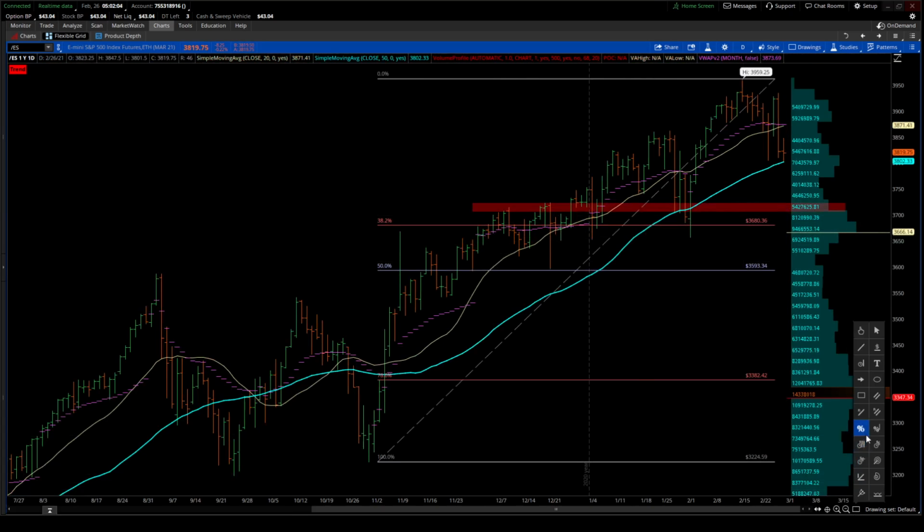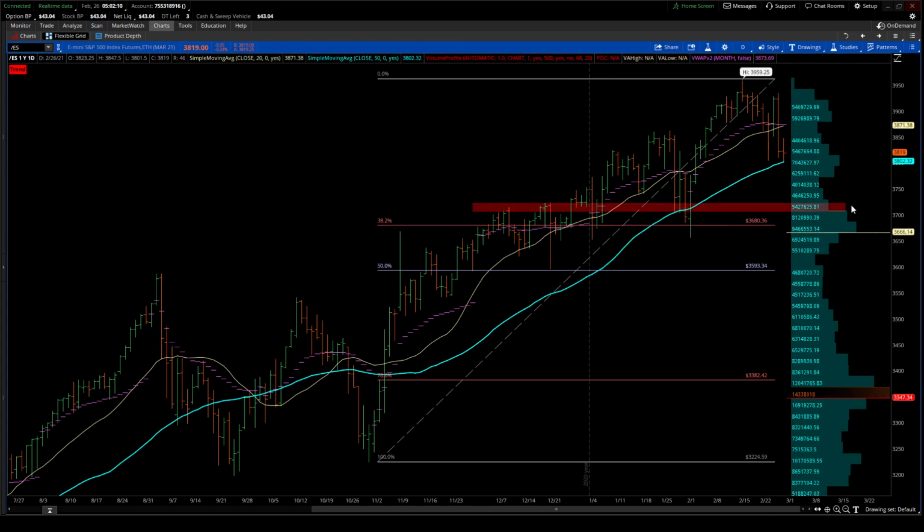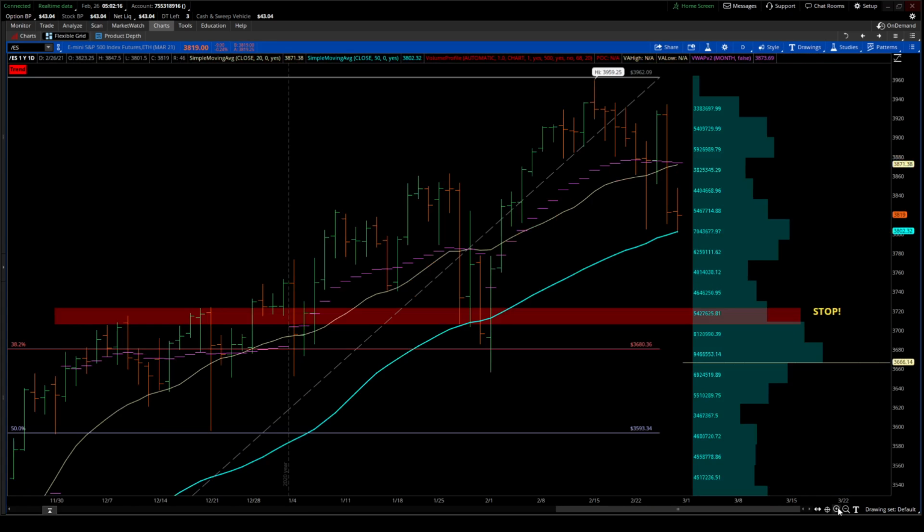I mean, this will be defended. In my humble opinion, this will be defended big time, right, by long-term holders. They will not want price to balance in the 3650 area unless there is a fundamental difference in new value for the S&P 500.